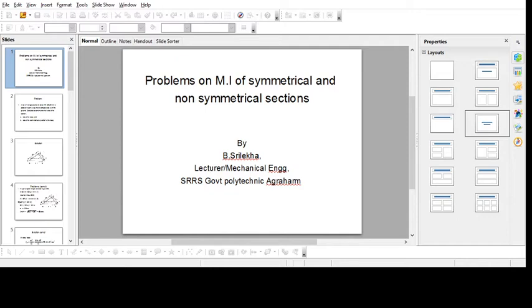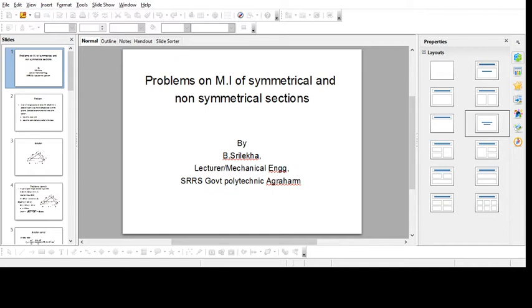Similarly, y bar is equal to a1y1 plus a2y2 plus a3y3 and so on by a1 plus a2 plus a3 and so on, which is the moment of areas about the x axis by the summation of the areas. By making use of that, we found x bar and y bar.